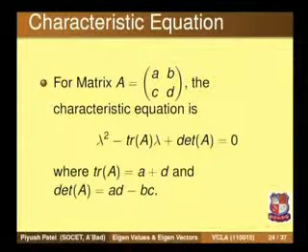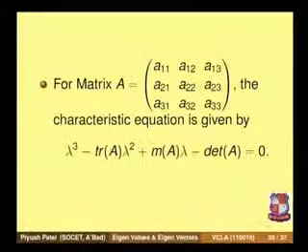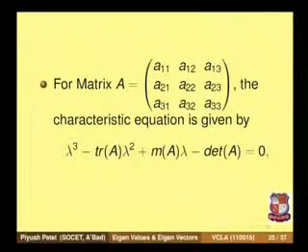Similarly, as we have proved the equation for 2 by 2 matrices, you can prove the same kind of equation for matrices of order 3. Suppose we have the matrix A, a 3 by 3 matrix. The first row is a11, a12, a13, the second row is a21, a22, a23, the third row is a31, a32, a33.